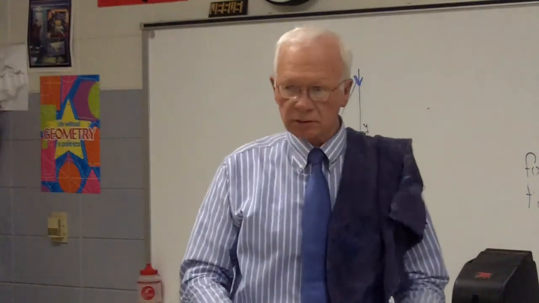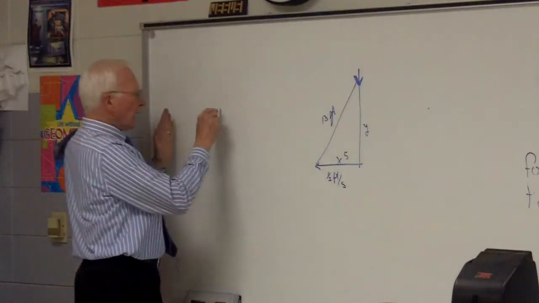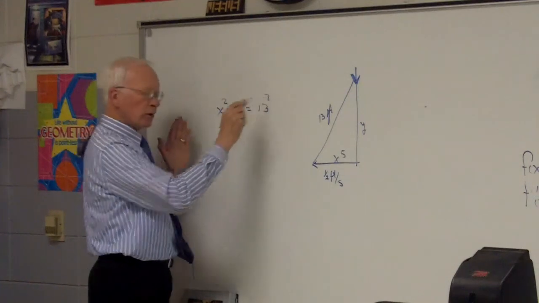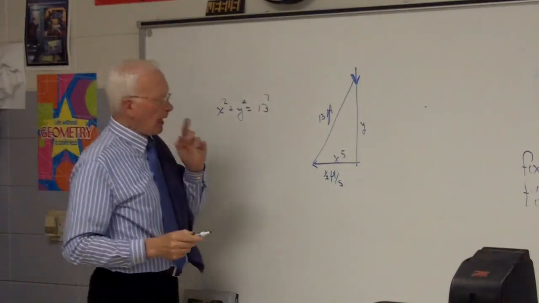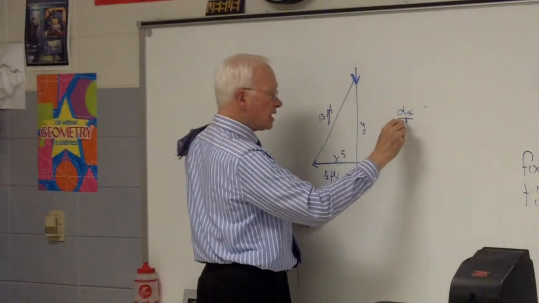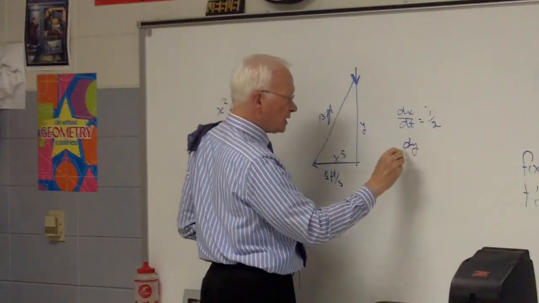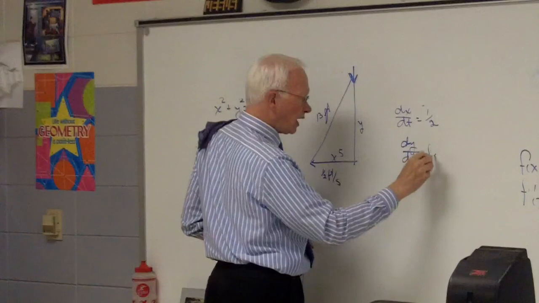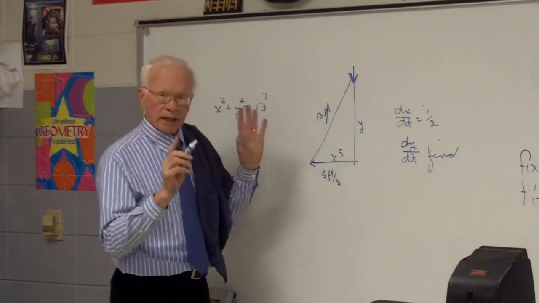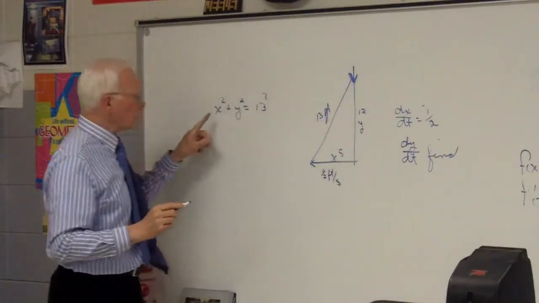Now watch what we have here. It's 5 feet off. We know that x squared plus y squared equals 13 squared. Also, we know that dx/dt equals 1/2. We have a dy/dt, which we're looking to find. This is 5. At this point, it's going to be 12. Now look what happens here.